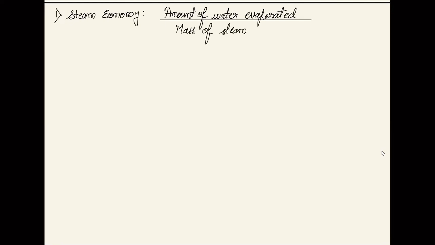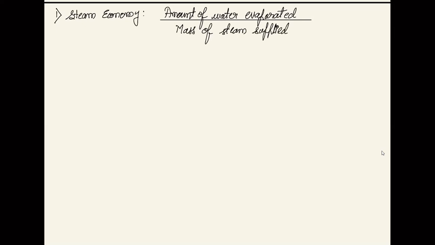Alright, so steam economy is defined as the amount of water evaporated divided by the mass of steam supplied.